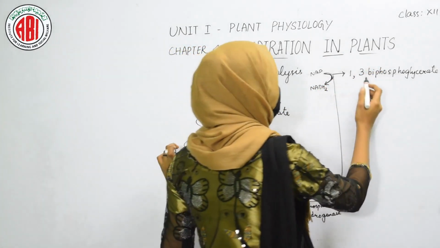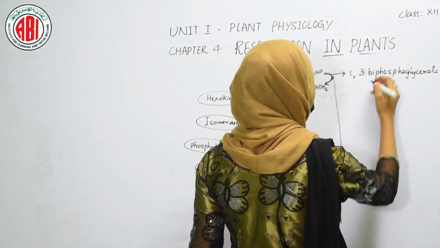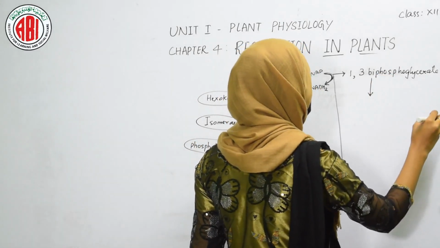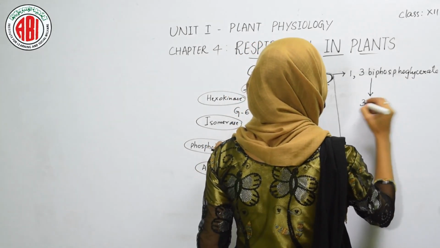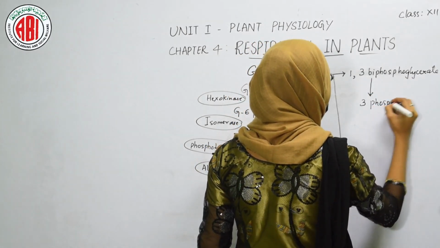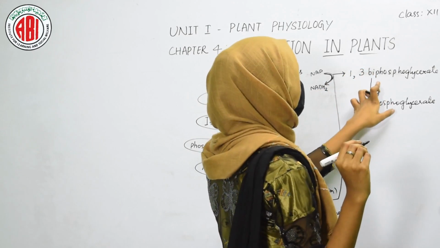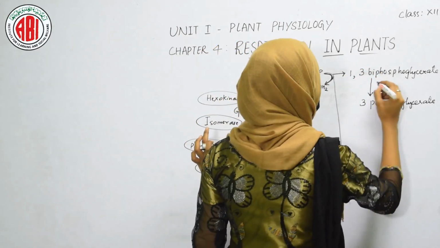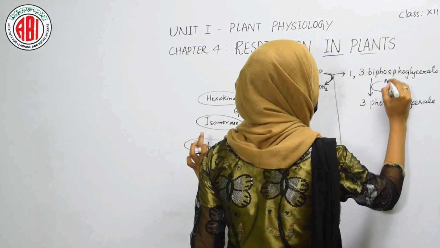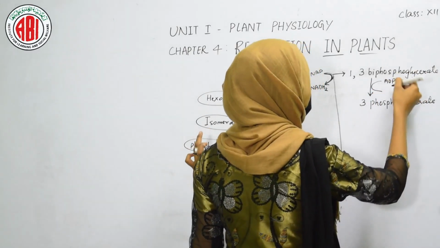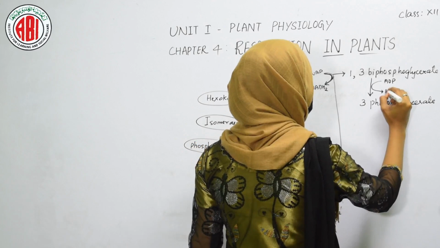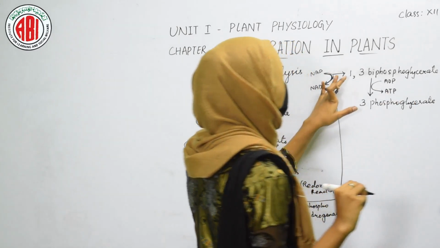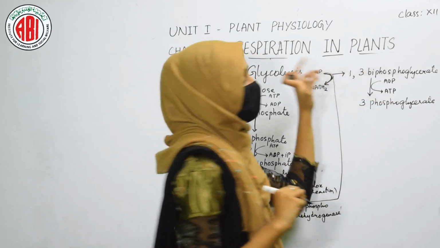Now this is a compound where two phosphate groups are present, and this 1,3-biphosphoglycerate gets converted into 3-phosphoglycerate. As 1,3-biphosphoglycerate contains two phosphate groups, one phosphate is added onto adenosine diphosphate that results in the synthesis of ATP. So here this is a step where ATP gets synthesized.